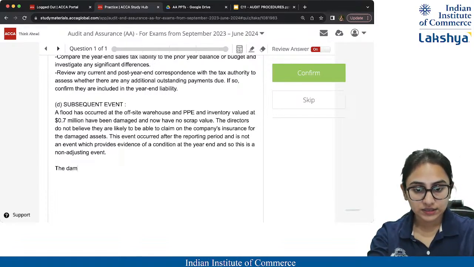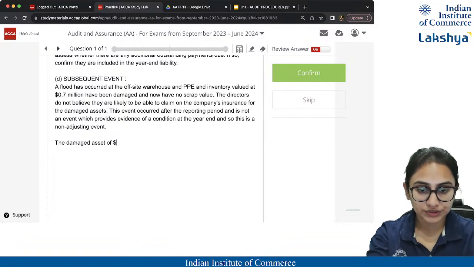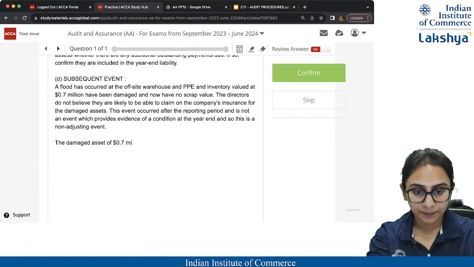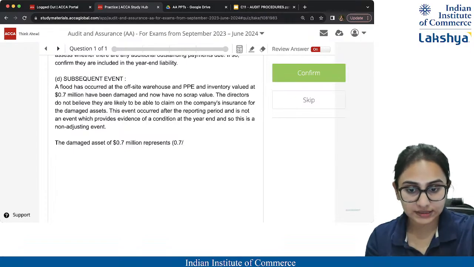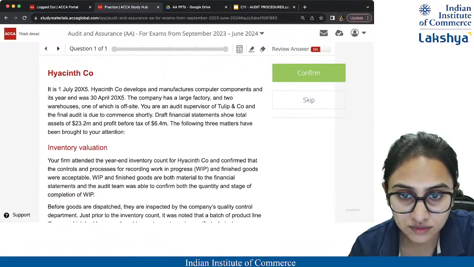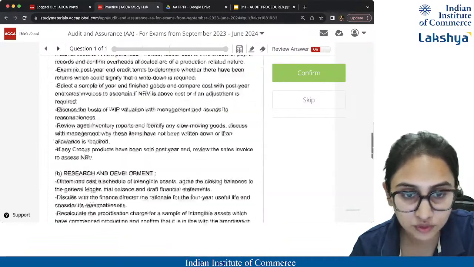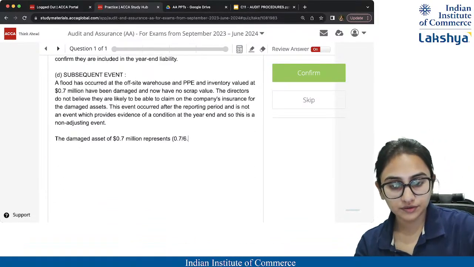The damaged asset of $0.7 million represents 0.7 divided by profit before taxes 6.4 and assets is 23.2. Okay, 6.4 million.